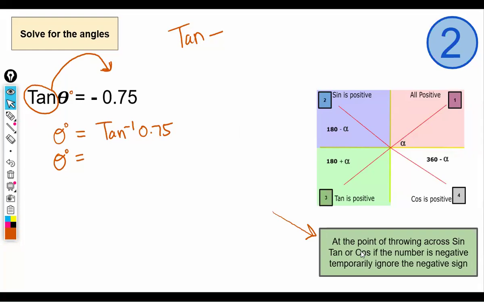Second function, tan 0.75, I am getting positive 36.87. How many of you are seeing that? I'm checking through the chat here. Guys, you've got to listen to the instructions. Ignore the negative sign.